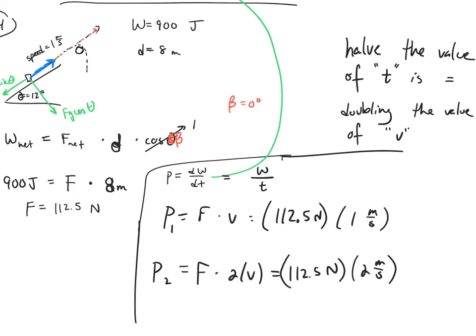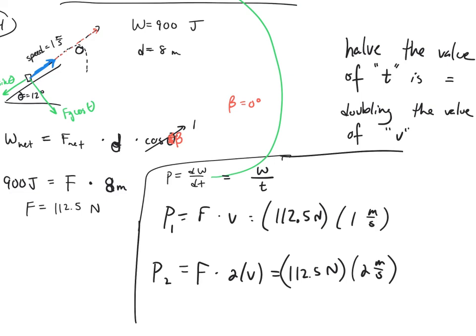If you do something twice as fast, you're probably doing it in half the time, right? If I run twice as fast, it's going to take me half the time. If you drive a car twice as fast on the way back than you did on the way there, it'll take you half the time. So whether I think of this as having time and dividing by half, which would double my power, or doubling velocity, which clearly doubles the power.